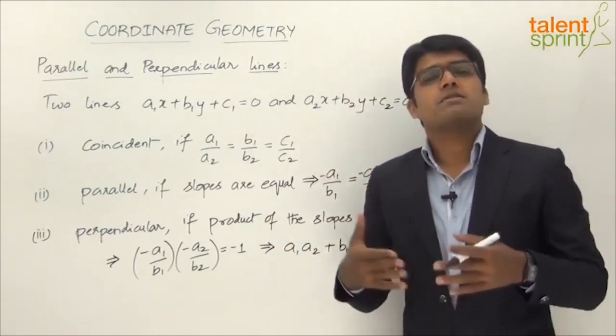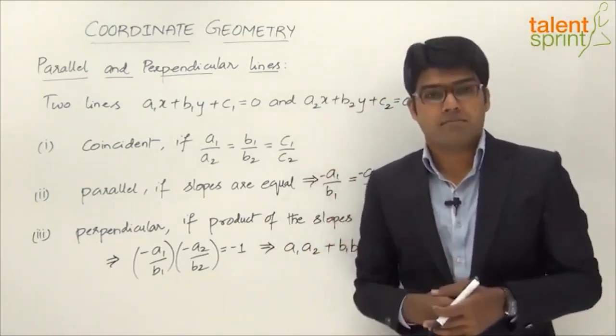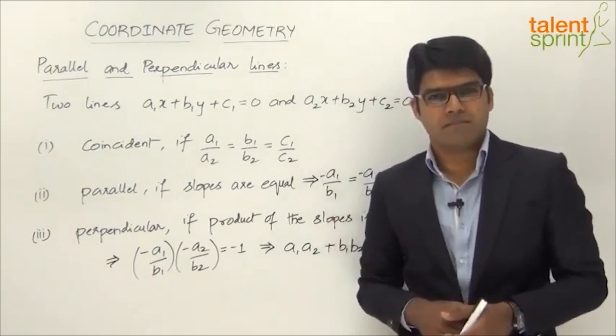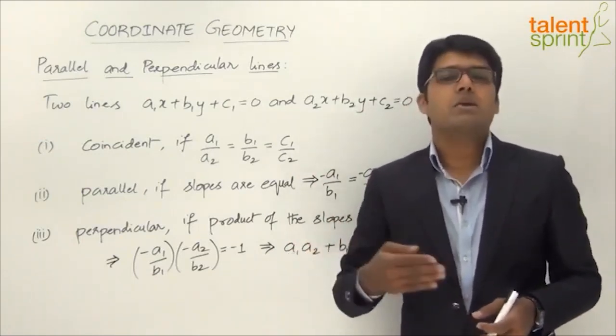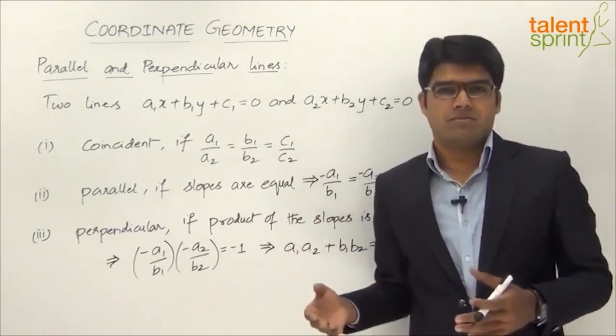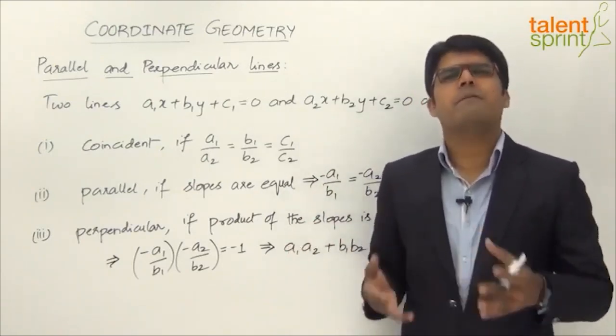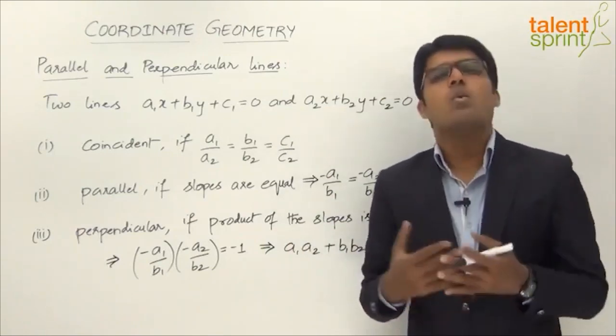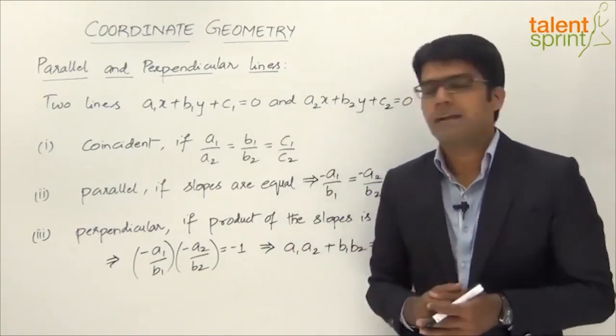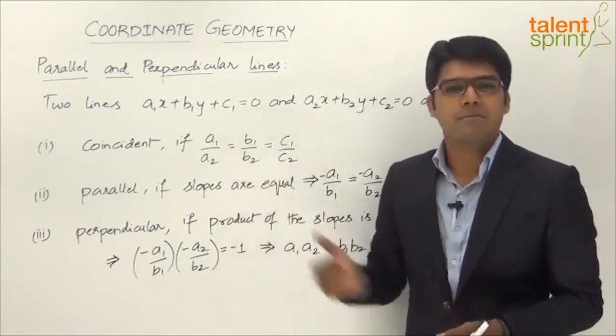Let's say the equations of the lines are given in slope intercept form, y equals mx plus c. So there are two lines, y equals m1x plus c1 and y equals m2x plus c2. So when do we say that the two lines are parallel? If m1 is equal to m2. Simply, the condition here is that the slopes have to be equal, whatever the form of the equation. So if the slopes are equal, the two lines are parallel.